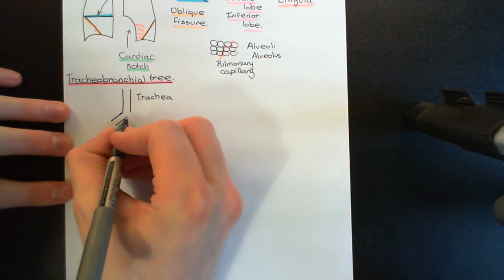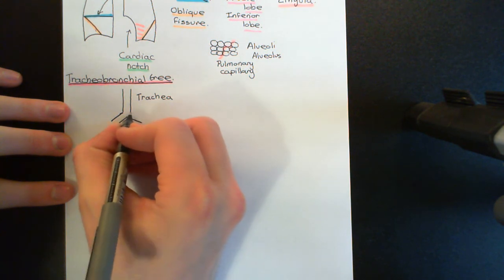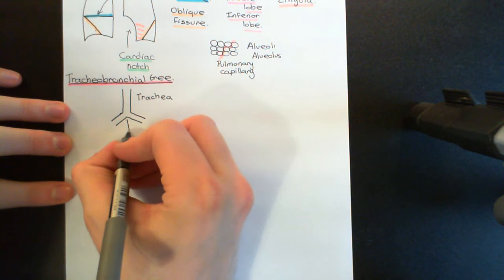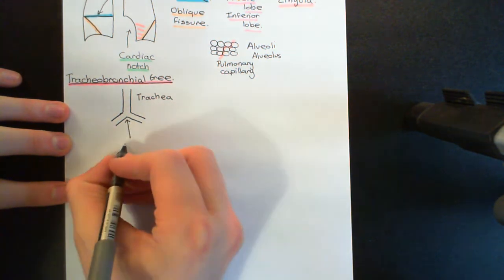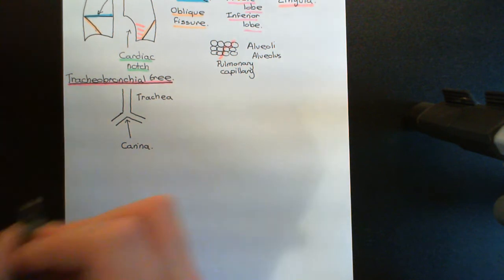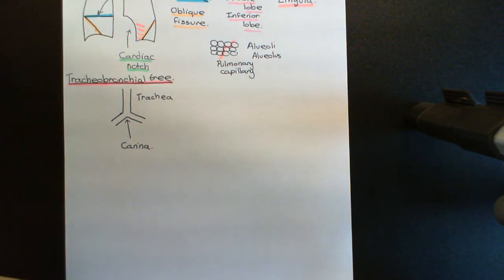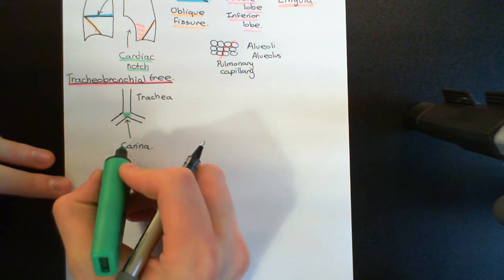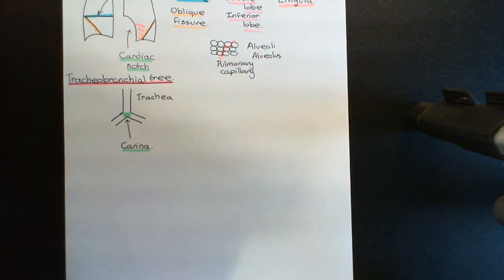Here is the right main stem bronchus, and here we'll have the left main stem bronchus. This point of bifurcation of the trachea has a special name. This is known as the carina. So if you ever hear anyone referring to the carina, that just means the point where the trachea bifurcates into the two main stem bronchi.